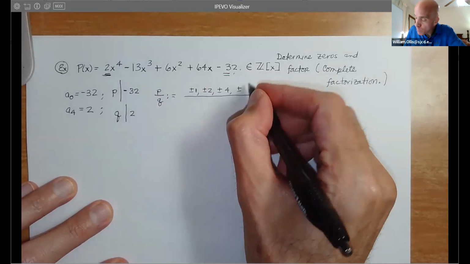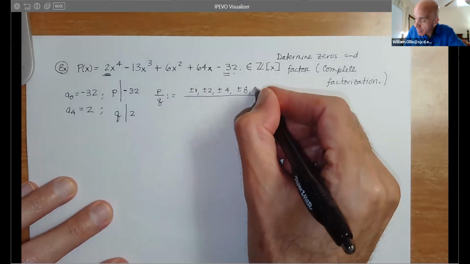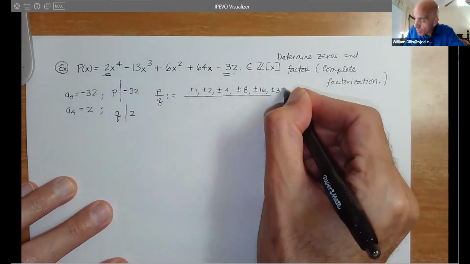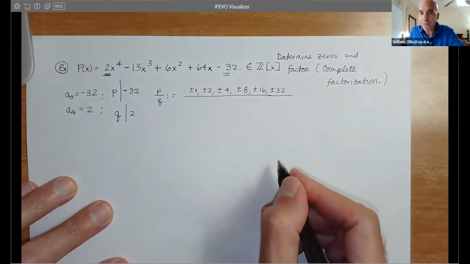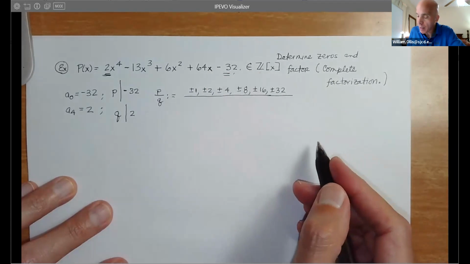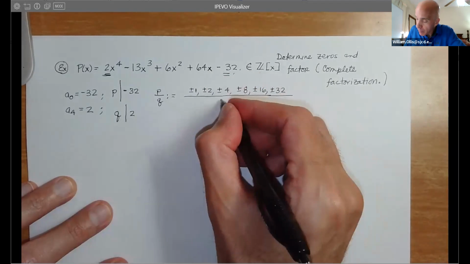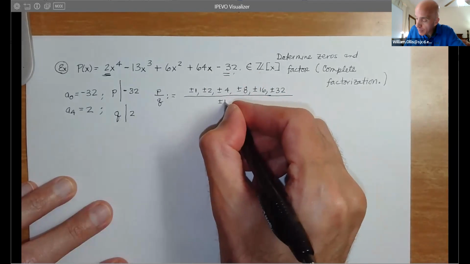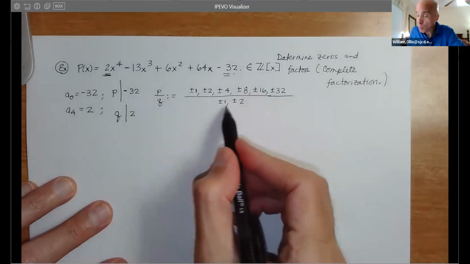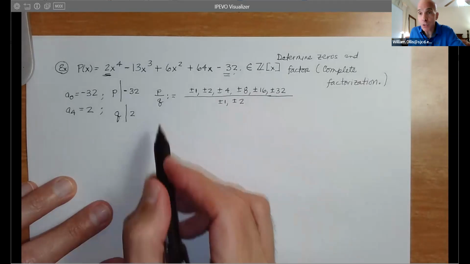Just go in factors of 2, plus or minus 8, plus or minus 16, and plus or minus 32. We don't really even have to worry about the prime factorization because, like I say, that's 2 to the 5th and we cover everything. And now with 2, we can get plus or minus 1 or plus or minus 2 in the sense that these would be the possible divisors of 2.